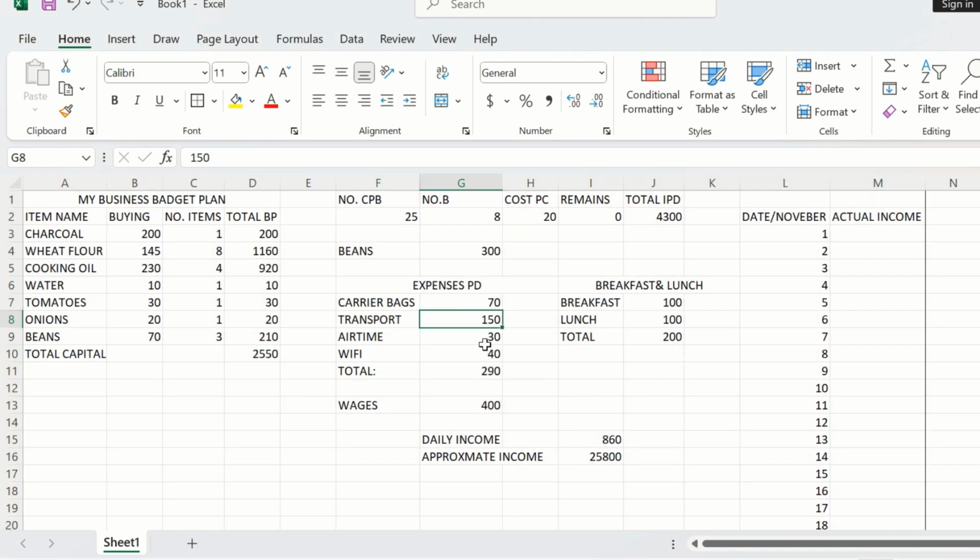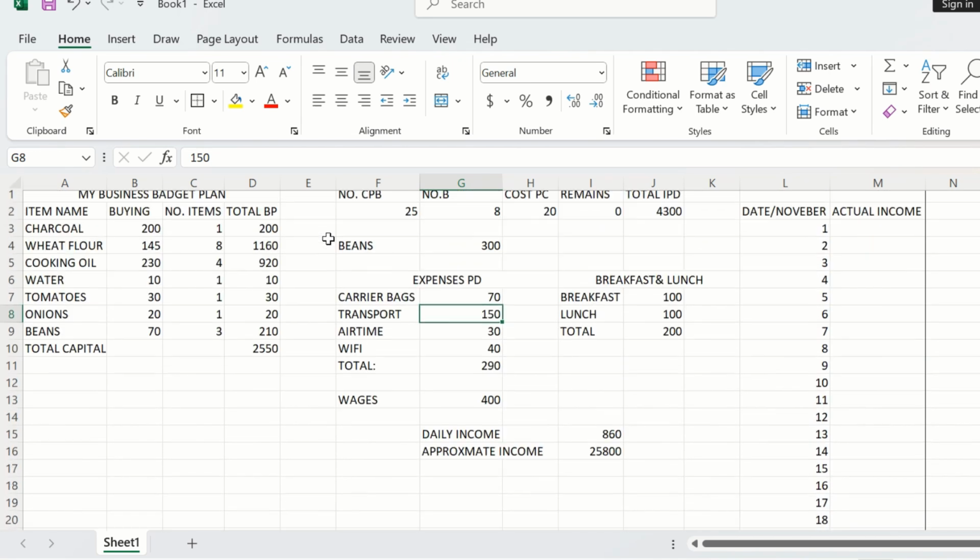So let us try to apply some formatting on this work so that it can look decent and attractive.